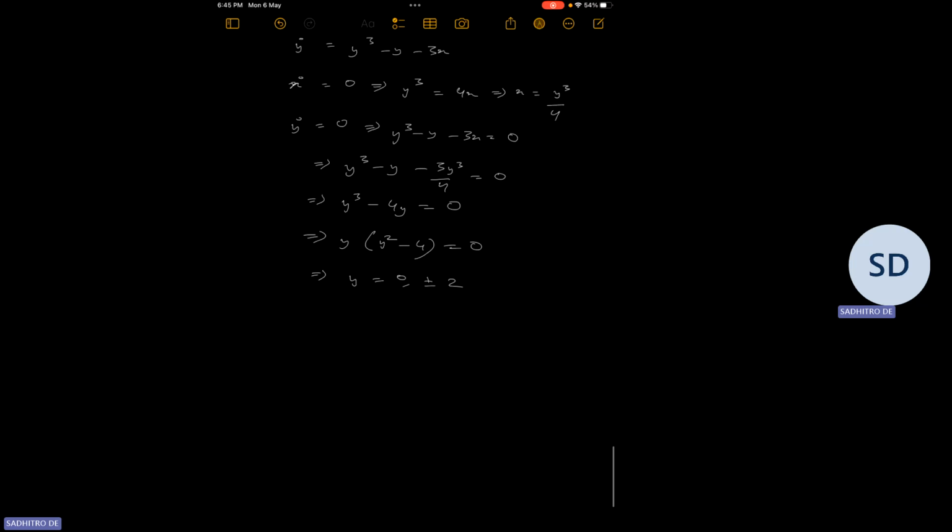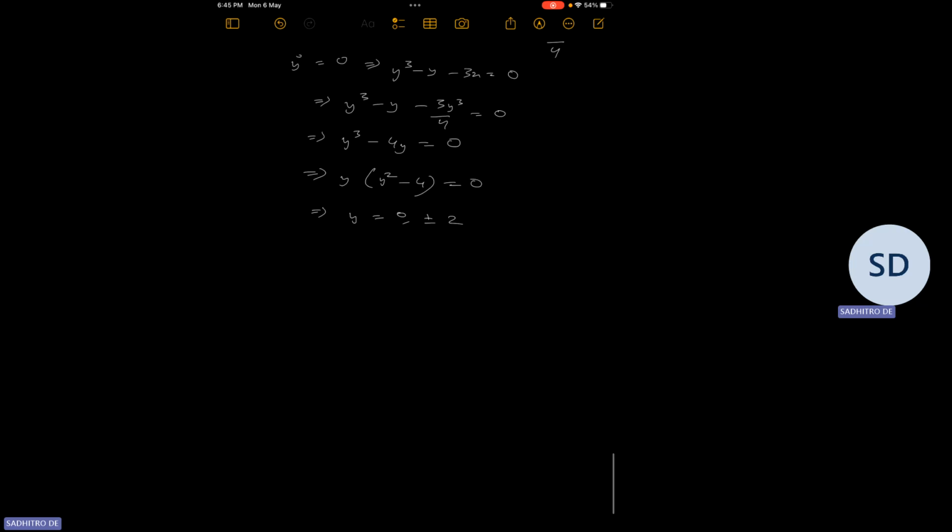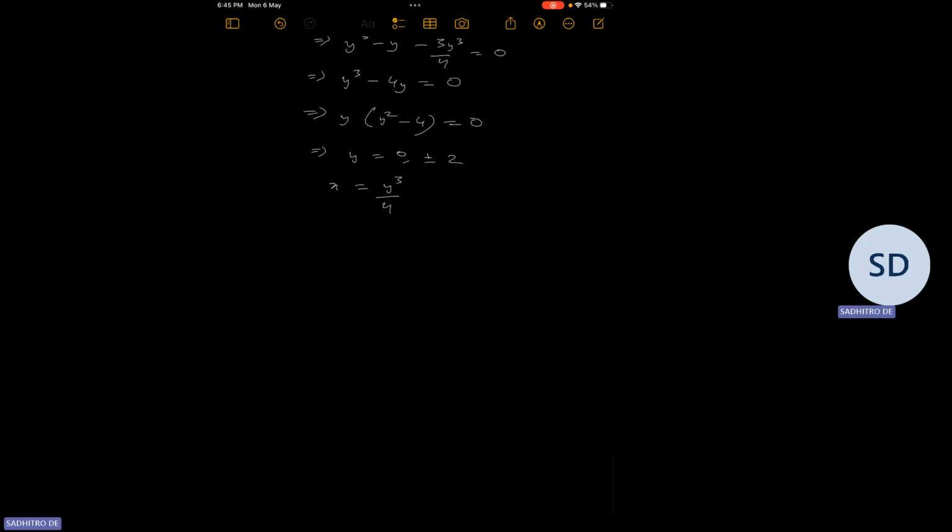And corresponding to these values, what will x be? x equal to y cubed by 4, which is 0, plus minus 2 cubed is 8, so 8 by 4 will be 2.